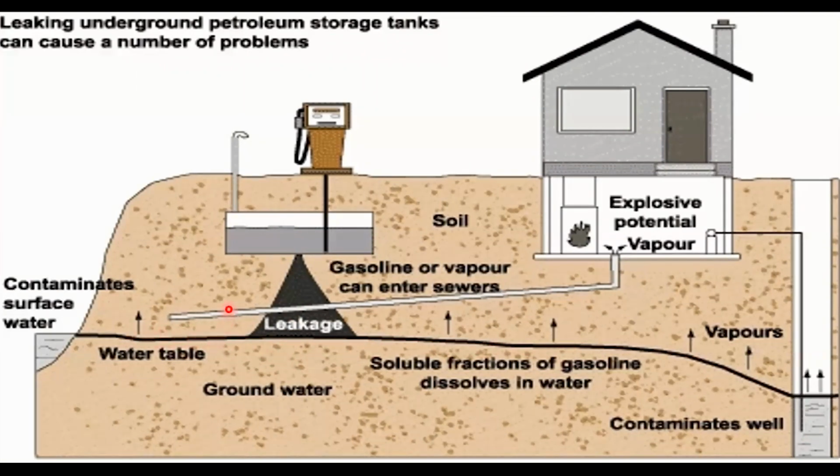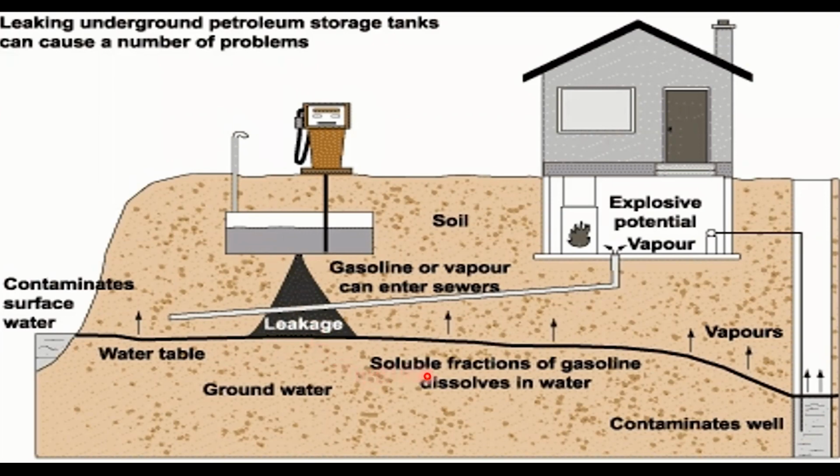Above it, the soil is not saturated. Below it, the soil is saturated with water. Gasoline is less dense and lighter than water, and therefore it will hit the groundwater and it will pancake here and kind of float, and some of it will dissolve into the water.